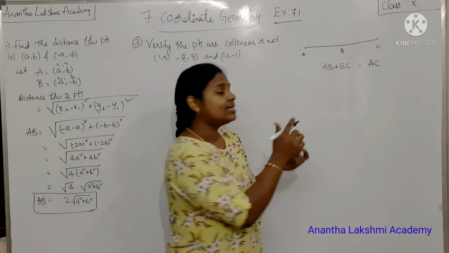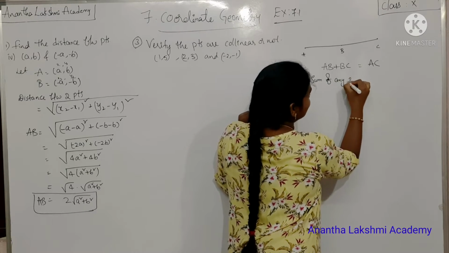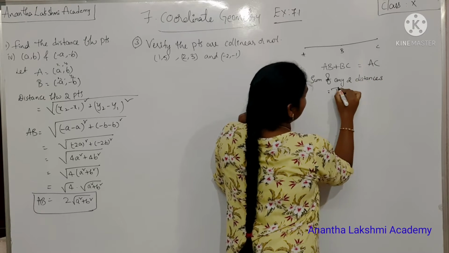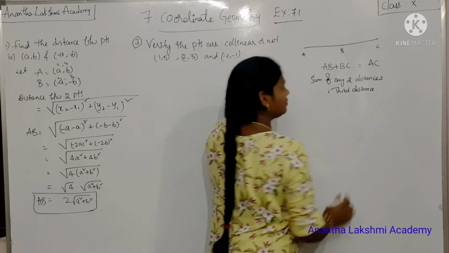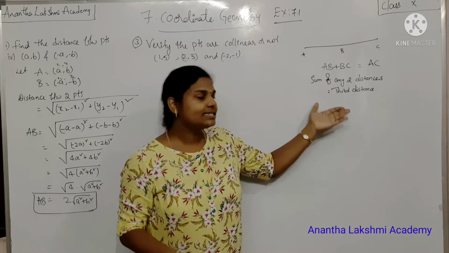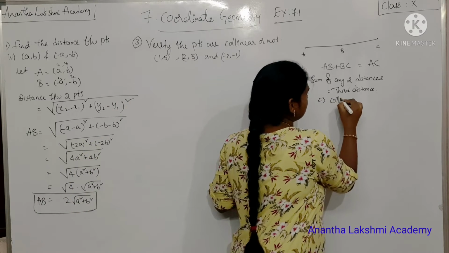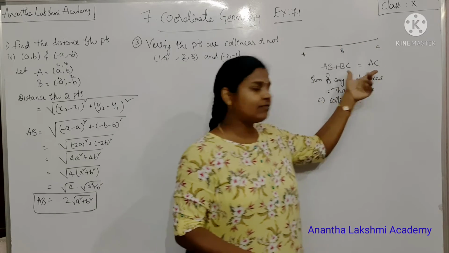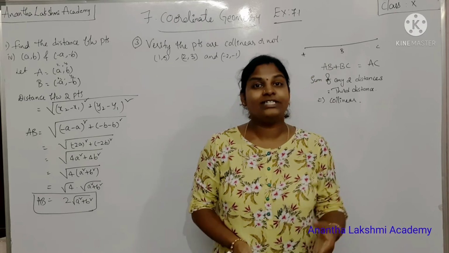That is, the sum of any two distances is equal to the third distance. If the sum of any two distances is equal to the third distance, then the points are said to be collinear. Here, AB and BC are equal to AC in the example which I have told you. That is when we call the points collinear.